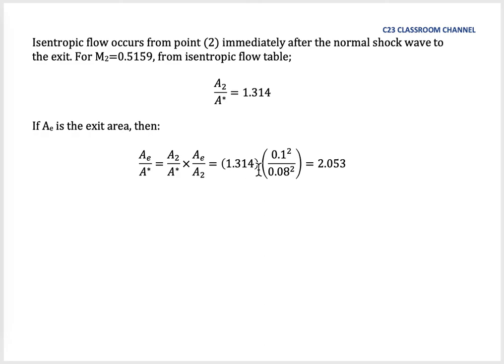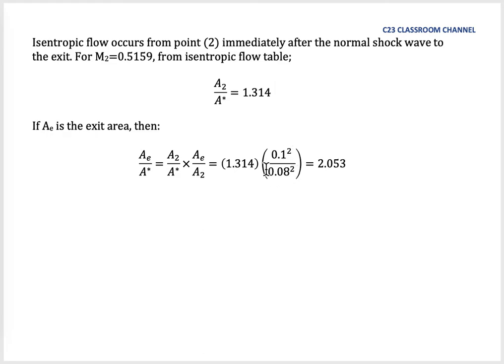We already know the values of A2 over A star and AE over A2, so we substitute them. A2 over A star is 1.314, and AE over A2 can be calculated as this one. The exit has a diameter of 0.1 meter, and A2, the location where the shock wave occurs, is 0.08 meter.